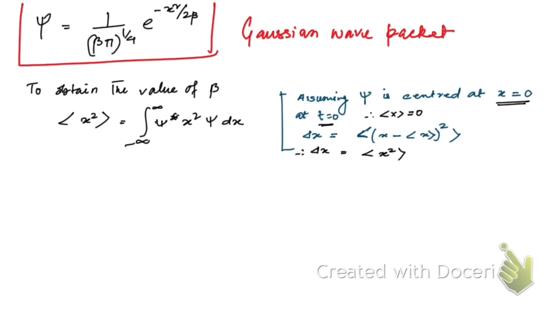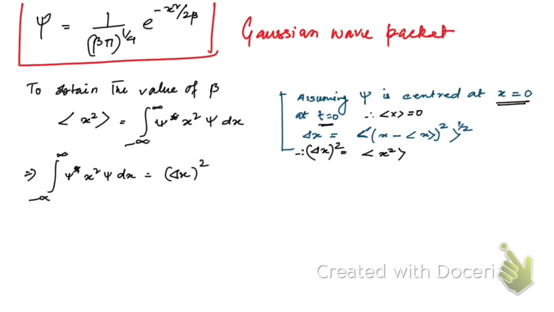Sorry, I forgot to give the power half here. If we take the expectation value of x square, then it must be the square of del x. So we can write integration from minus infinity to plus infinity of psi star x square psi dx is equal to del x square. That's what we have got.